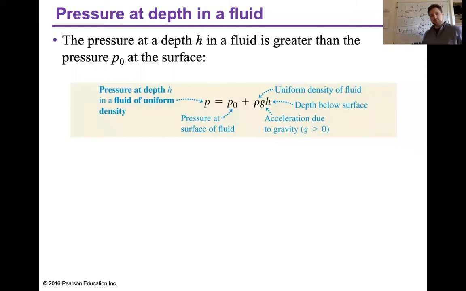Okay, so the pressure is the pressure at the surface plus whatever depth we are.